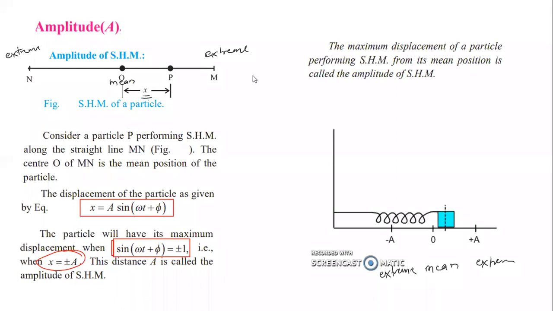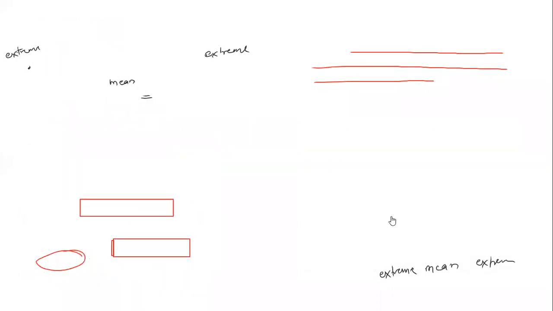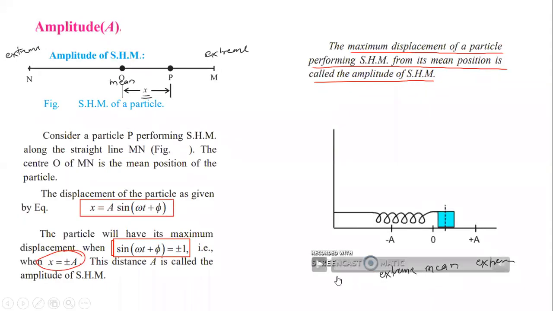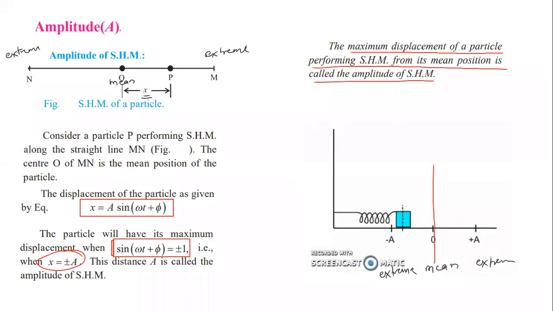Simple word, we can write a definition of the amplitude. The maximum displacement of a particle performing SHM from mean position is called amplitude of SHM. Now you can see here in animation also the maximum displacement. So this block is moving, this is the mean equilibrium position, and the block is moving up to this maximum position.